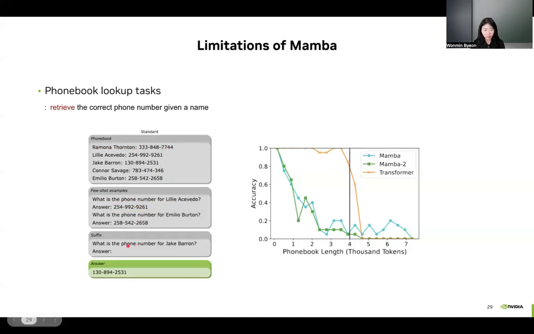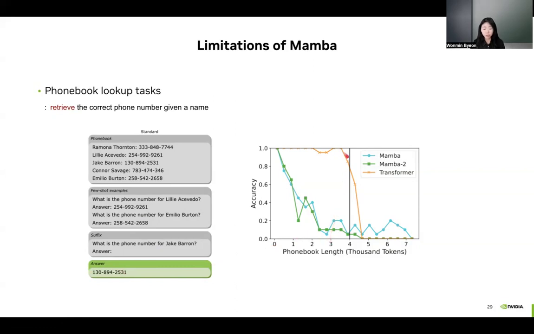And then we ask the model, okay, what's the number of this person? The model should be able to answer the phone number. And on this task, we found that Mamba is doing really badly.